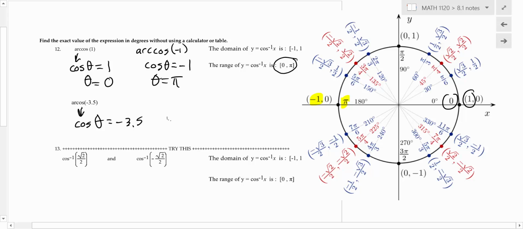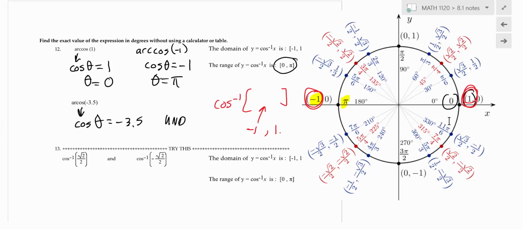So this one's undefined. I mean, after all, what is the biggest x value you ever get? 1. What's the smallest x value you ever get? Negative 1. So when you're doing an inverse cosine, you can only do numbers between negative 1 and 1. That's it. Otherwise, you're going to get an error. That doesn't make any sense.